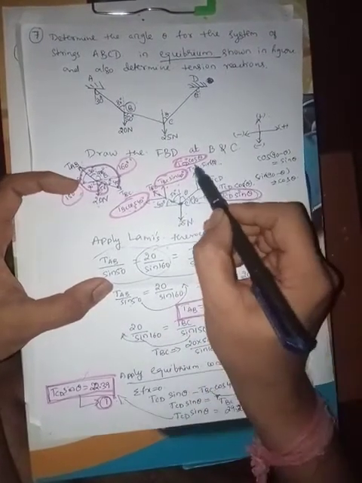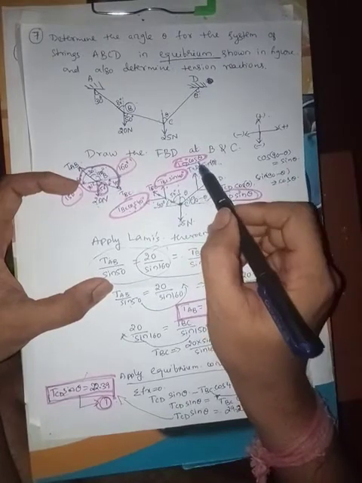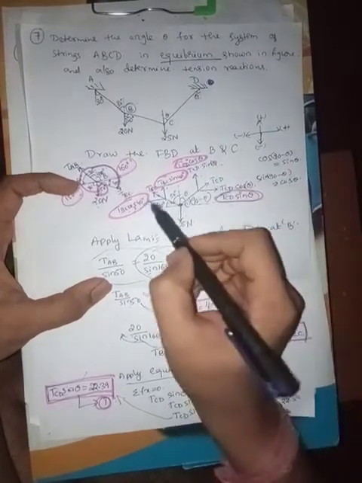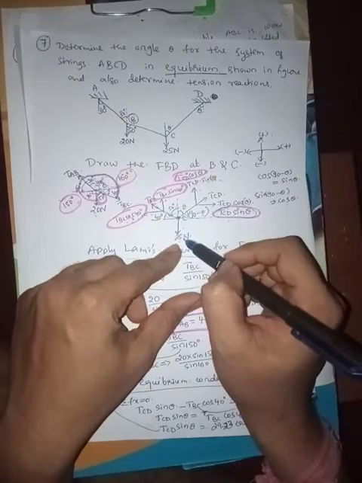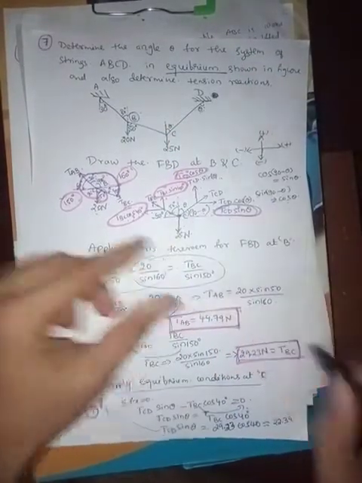One is TCD cos theta, and TBC sin 40, and 25 Newton vertically downward. So TBC sin 40 and TCD cos theta are positive because these are upward forces. You can see the sign convention here, and the 25 Newton is a vertically downward force.